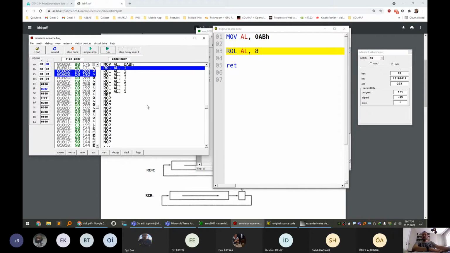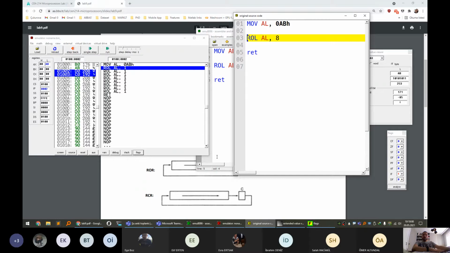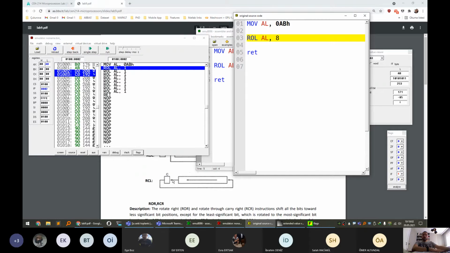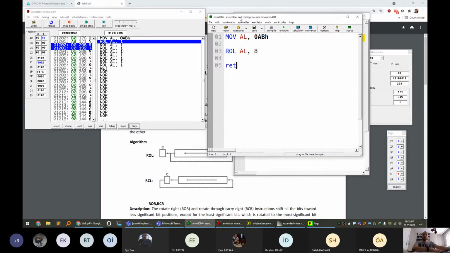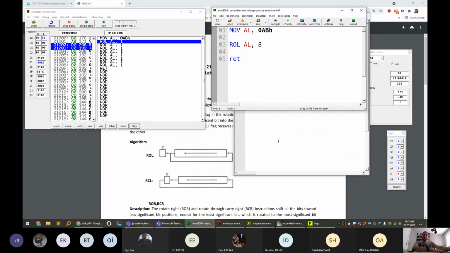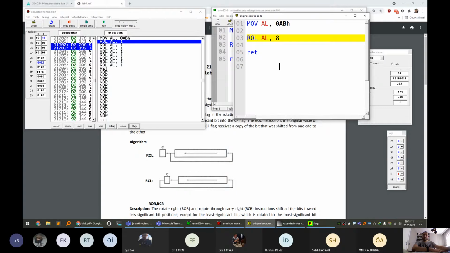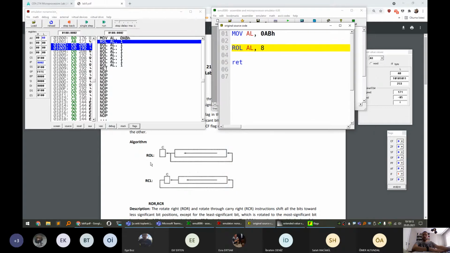We rotate left. Let me open the carry flag. It's not important for now, but I want to show you the visualization also. Okay, this is our case. We are rotating left.